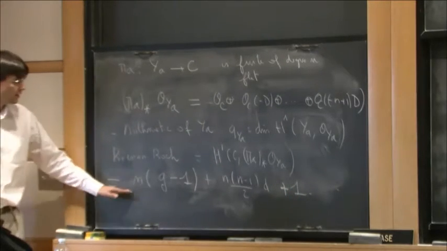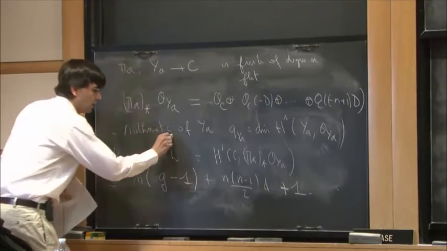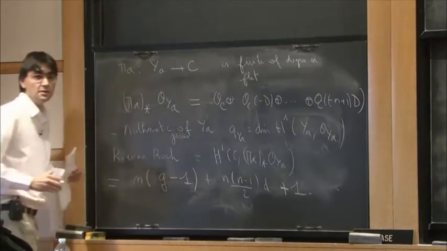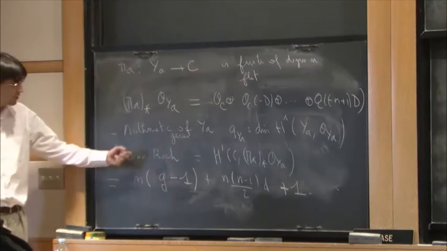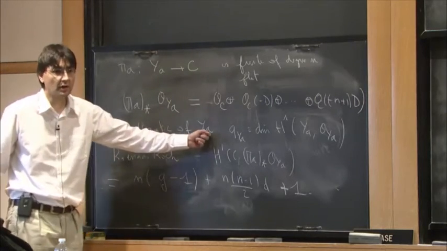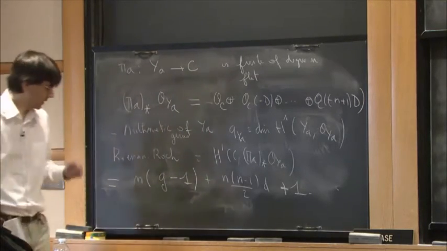So you see that the arithmetic genus of the spectral curve does not depend on the choice of the characteristic polynomial.